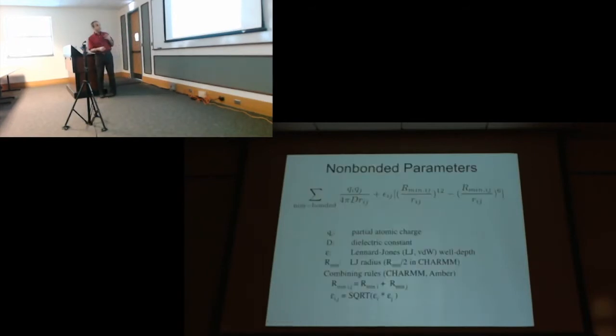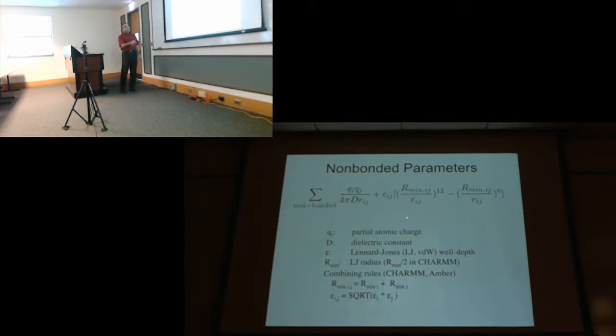For any of these non-bonded interactions, if you want to include all pairs in your calculation, then you have to calculate N squared, N being the number of atoms in the system. Everything is interacting with everything, so that becomes very, very expensive.